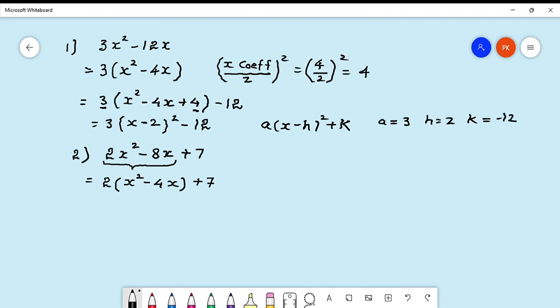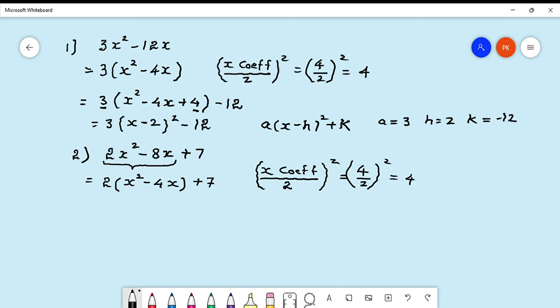Now, take the usual steps, take the x coefficient divided by 2 and square it. So the x coefficient is 4, 4 divided by 2 the whole square, which is again equal to 4.